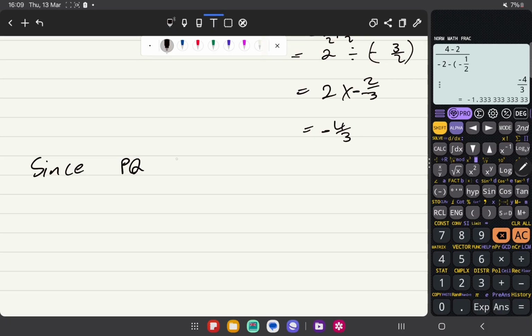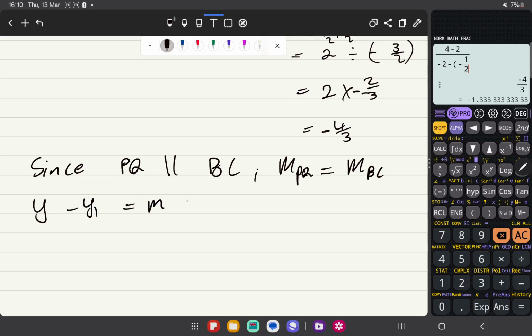since PQ is parallel to BC, MPQ is equal to MBC, right? Then you go to that formula, y minus y1 equals m into x minus x1, right?